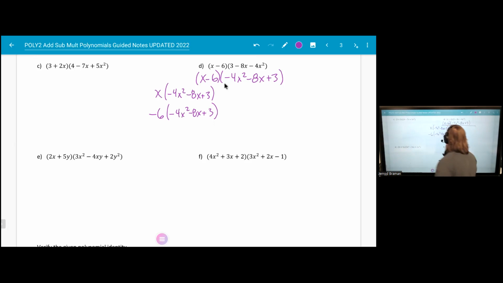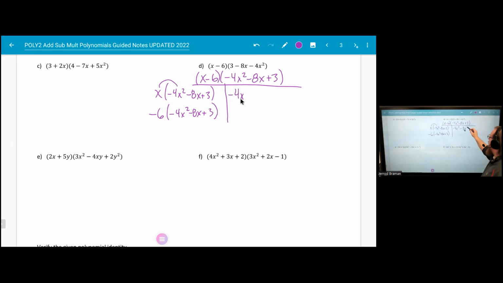It's not a t-chart. If I do x times negative 4x squared, I've got negative 4x cubed. And if I continue to distribute, I have minus 8x squared plus 3x. On the bottom, I have 24x squared plus 48x minus 18.